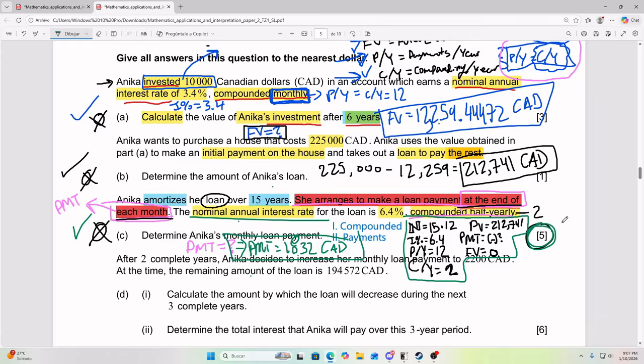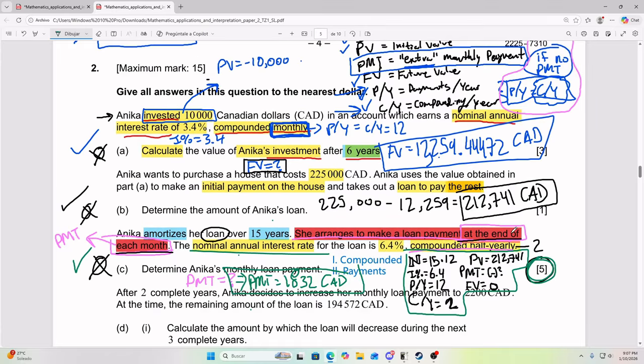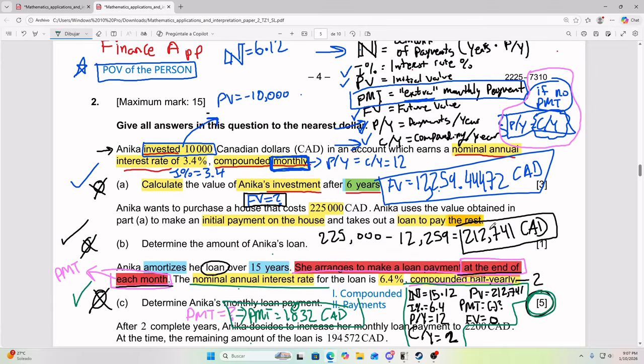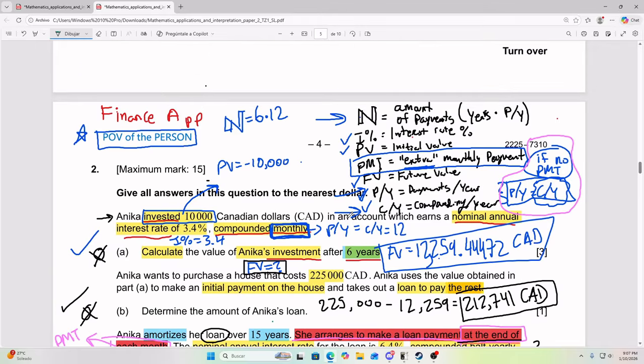It's crazy. I feel like, for me at least, the amount of study hours versus the amount of points you're probably going to gain is very friendly for the finance app. So especially if you're trying to claw for that 4 or 5, consider studying for the finance exercise, because it tends to be a lot of points and not that much study time.